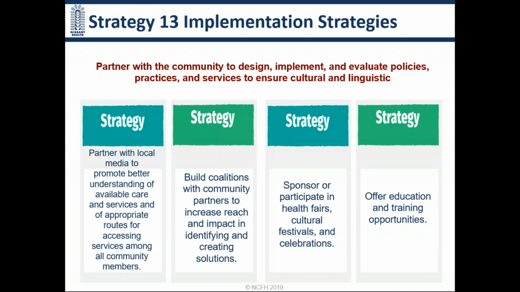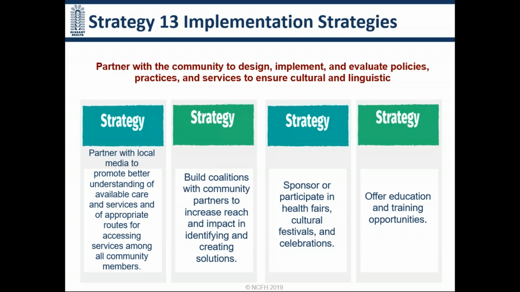And I know I've heard a lot of health centers do that. They do that well. You want to offer education and training opportunities. Some health centers are doing town hall meetings, or they're holding community forums or focus groups. The point is to collaborate more with your community, with the different organizations, partners, to help you accomplish these things.